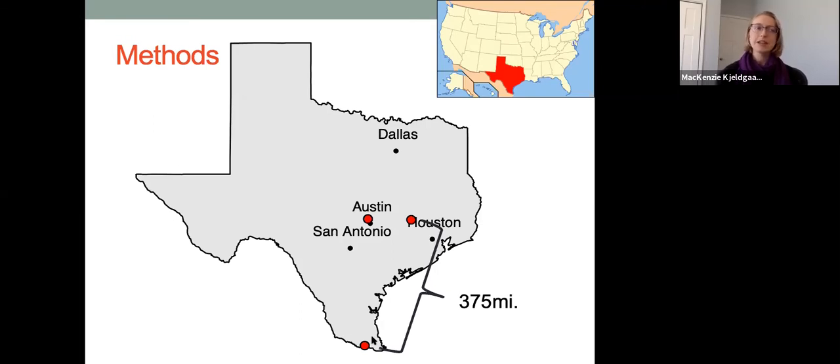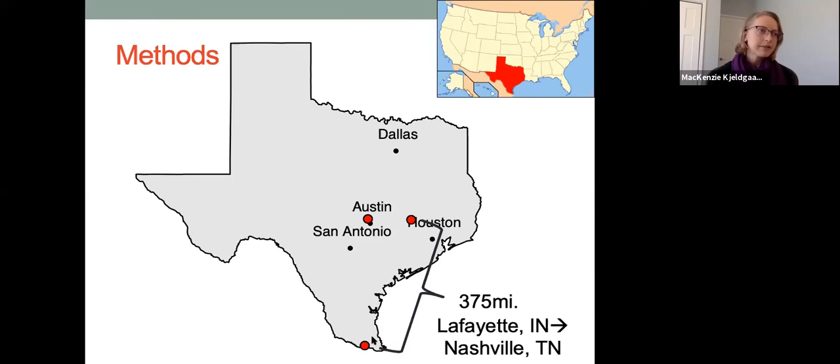And just to give you an idea of just how enormous Texas is, driving from College Station to southern Texas was about 375 miles. That would be like driving from here to Nashville. And I did that drive every month for a little while in 2018. So I really got a lot of good driving time in, a lot of podcasts and audiobooks.